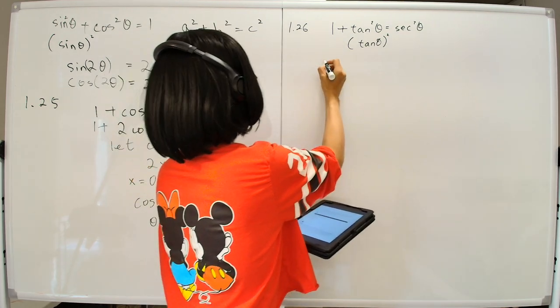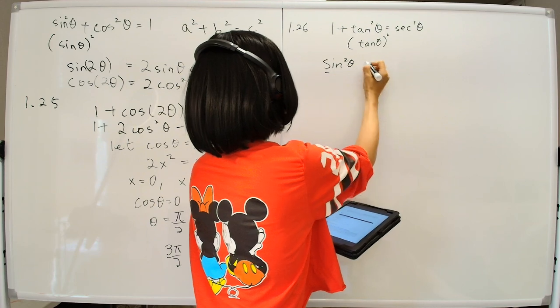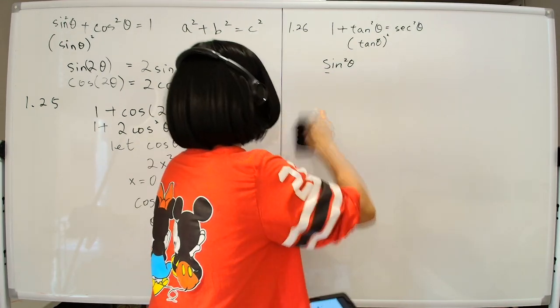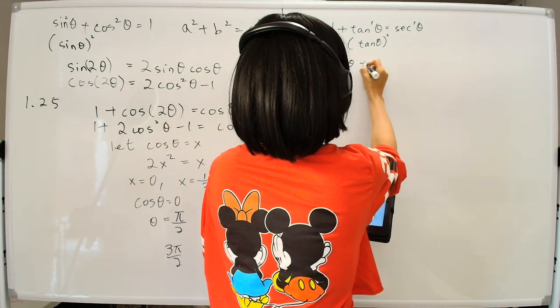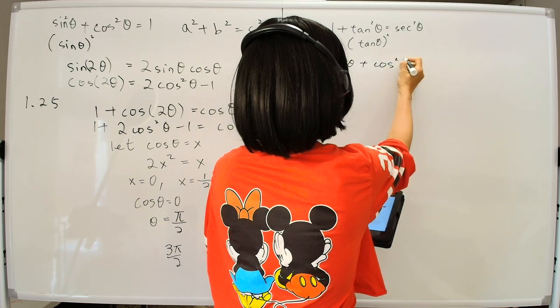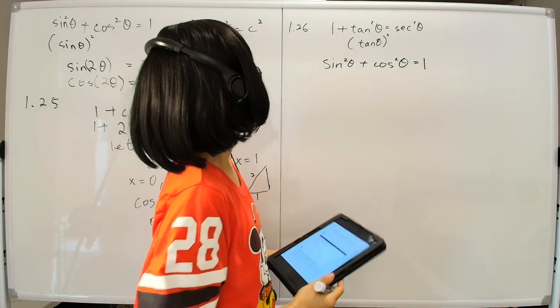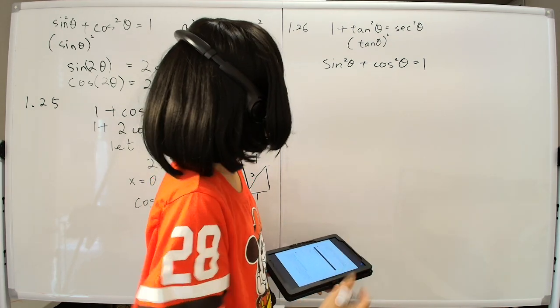So we'll write down sine squared theta plus cosine squared theta equals 1. That's the Pythagorean theorem. And so, okay, now what? Now let's divide it by something.